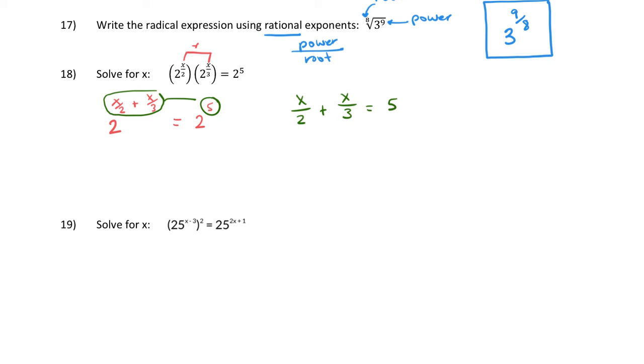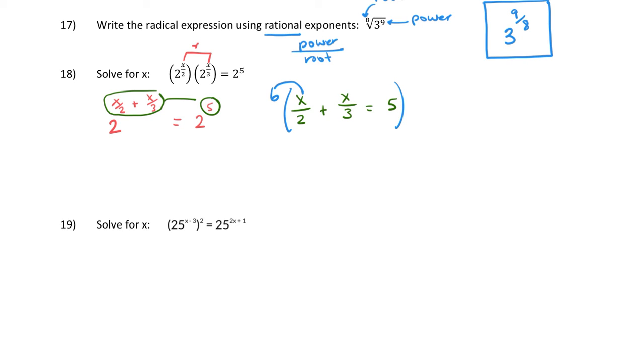My first thing I like to do is to get rid of the fractions. I'm going to multiply everything by a common denominator. A common denominator for 2 and 3 is 6. If I multiply everything by 6, I will end up with an equation with no fractions, and it's just a lot easier to solve. So I like this to be my first step when solving an equation with fractions.